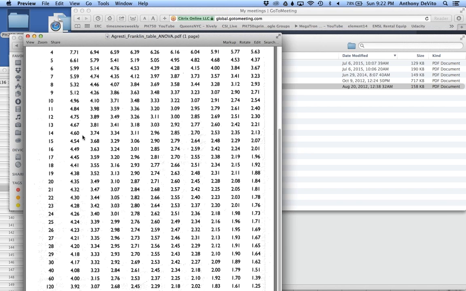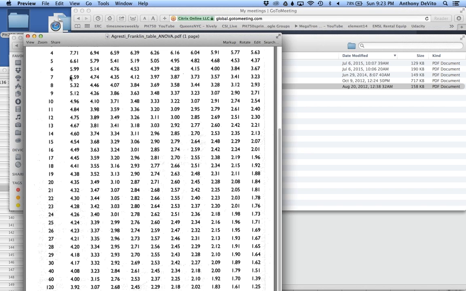Even as soon as you get up to 21 people between the 3 groups, we're already down in the 3s, 3.47 and so on and so forth for 3 groups, or 3.10 for 4 groups. What was our critical value for this problem?